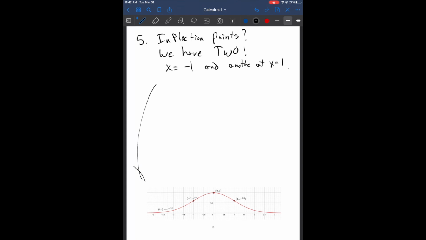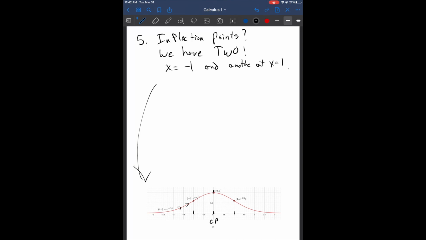Okay. So now if you look at the graph down here, so this is actually the graph of f of x equals e to the minus x squared over 2. Okay. We can see our critical point that we found. So here's -1, or actually our only critical point was this one here. So this is our critical point. Okay. And you can see we have a local maximum there. That is what we found.